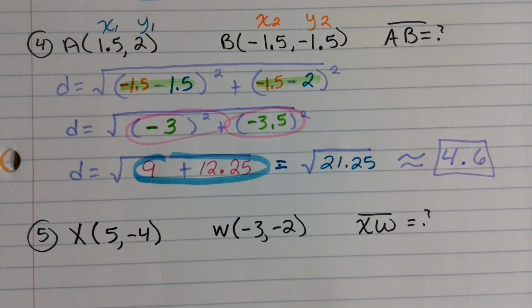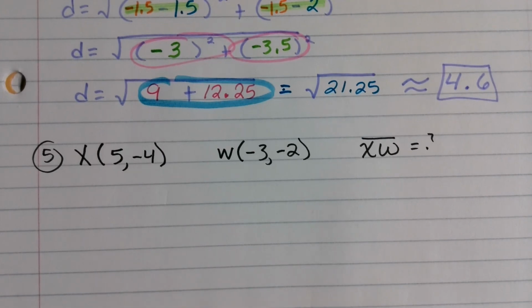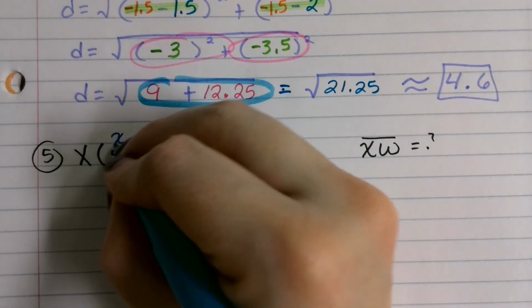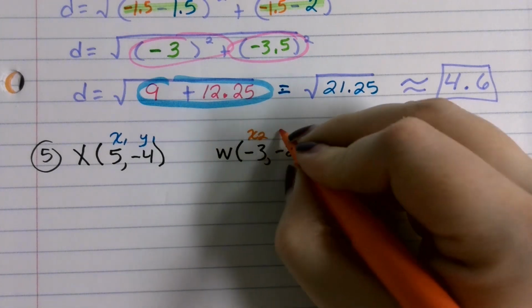Okay, let's talk about the last one. What did you get for the last one, Justin? 8.2. Okay. X1, Y1. X2, Y2.